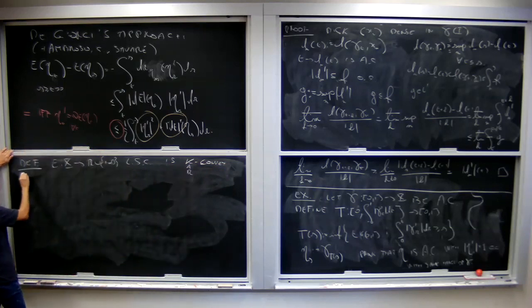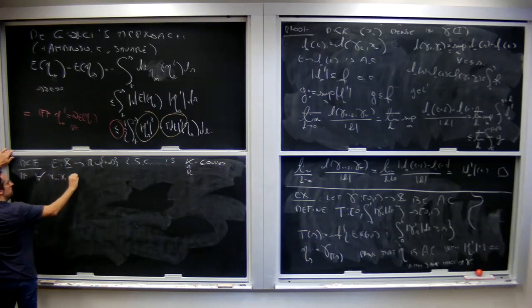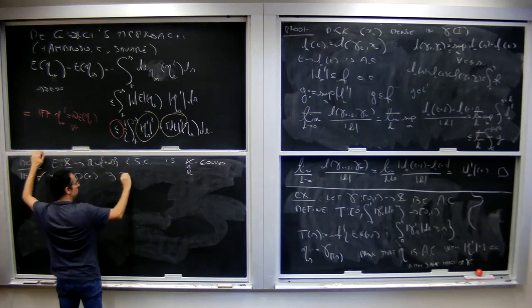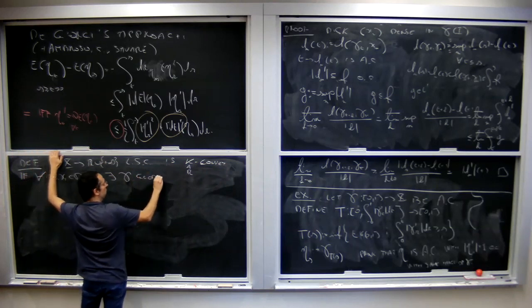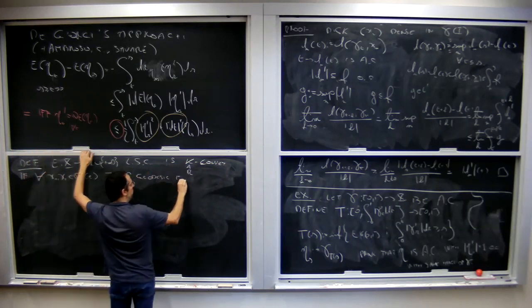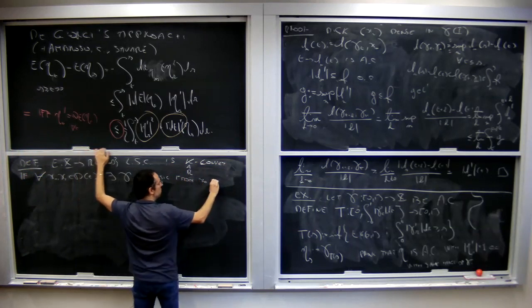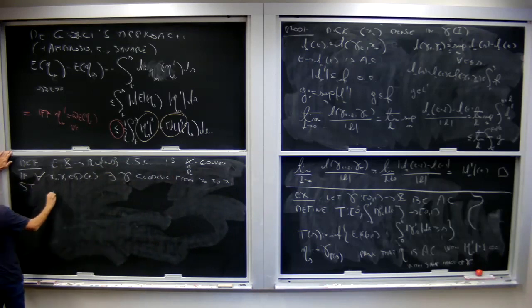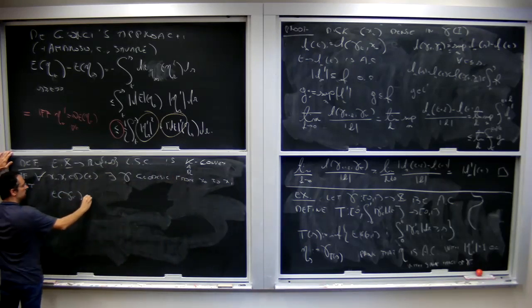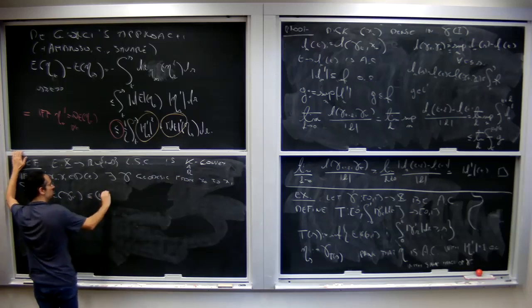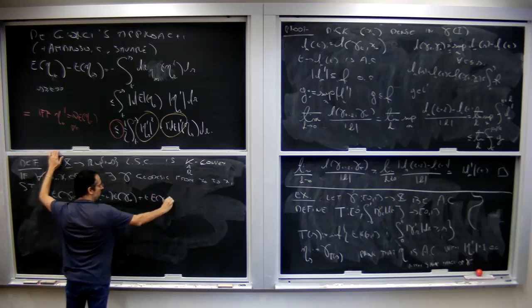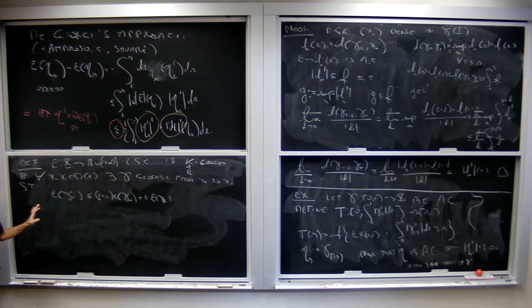If for any x0, x1 in the domain of the energy, there exists a geodesic from x0 to x1, such that the energy at gamma t is less or equal than (1 minus t) energy at gamma 0 plus t energy at gamma 1. And I would stop here if we were speaking about convexity.